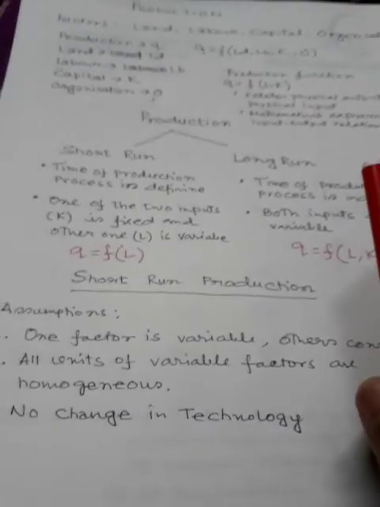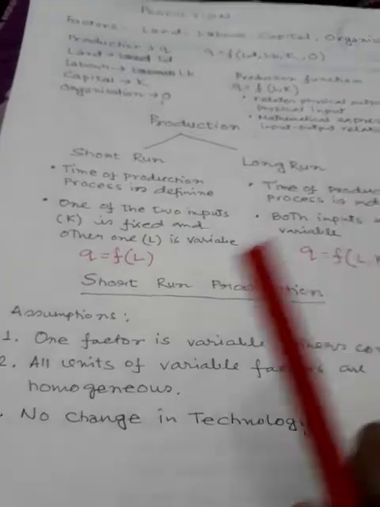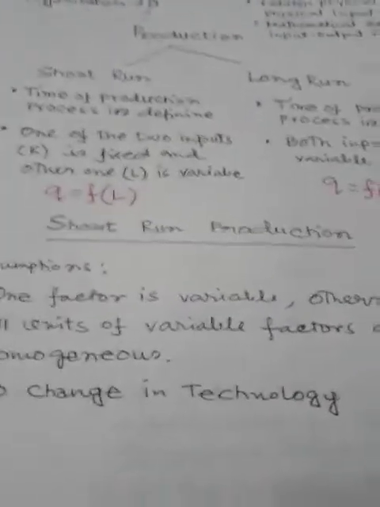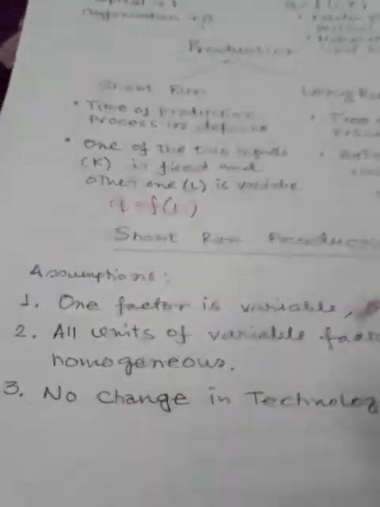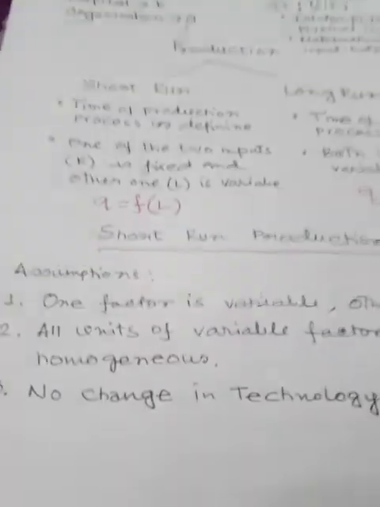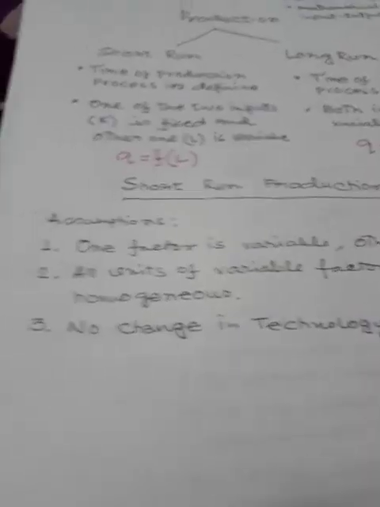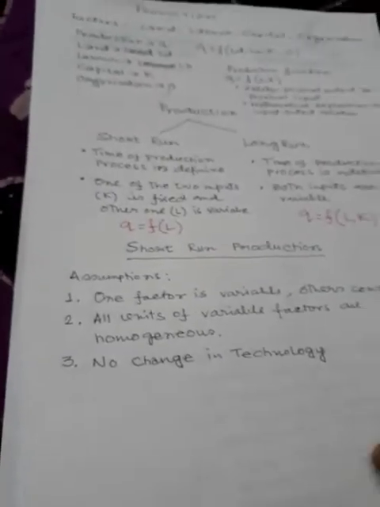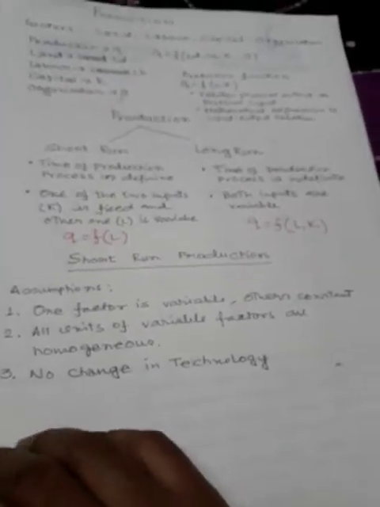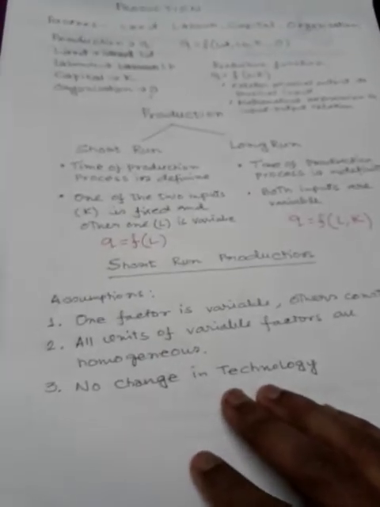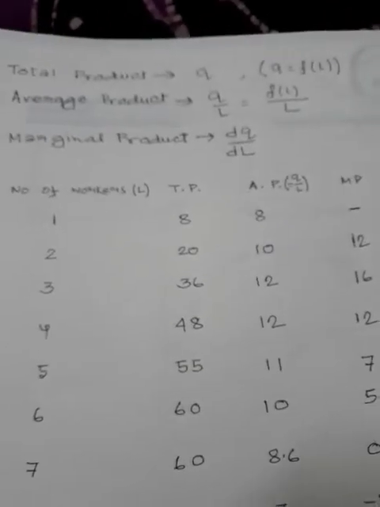All are equally capable, all are the same. So, this is the word homogeneous. It means all are equal, same, and there is no change in technology. We can assume here that in the short run, when short-run production is progressing, there is no change in the technology.